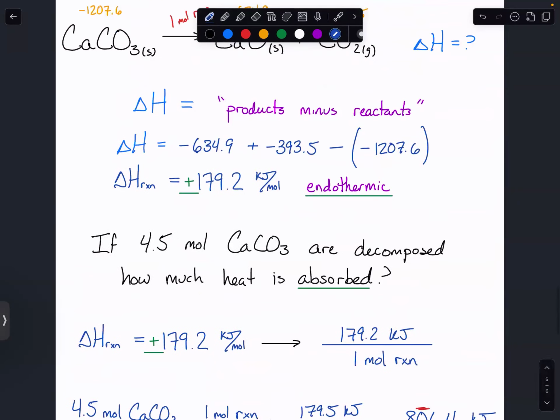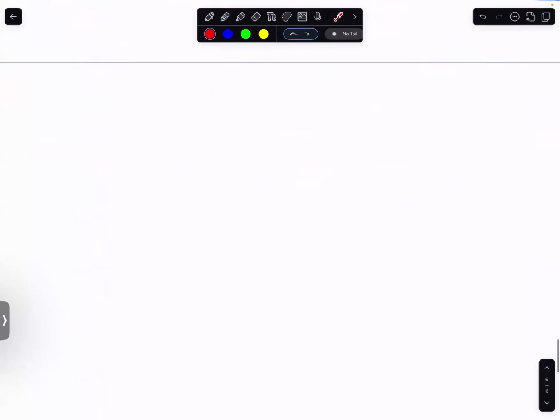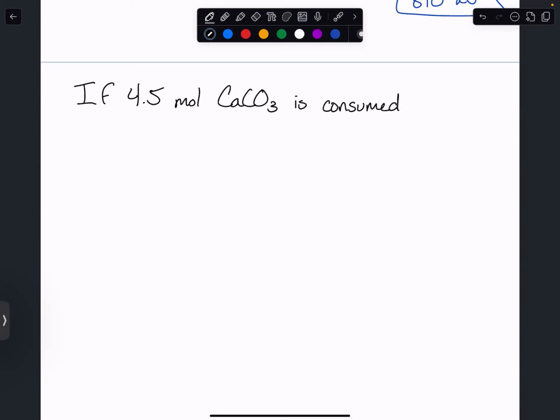All right, cool. So we have a chemical reaction here, this decomposition of calcium carbonate, and we can note that one of our products here is carbon dioxide gas, which provides us with a fantastic opportunity to do a gas laws problem. All right, so let's say we'll stick with that same 4.5 moles of calcium carbonate is consumed or decomposed in this reaction.